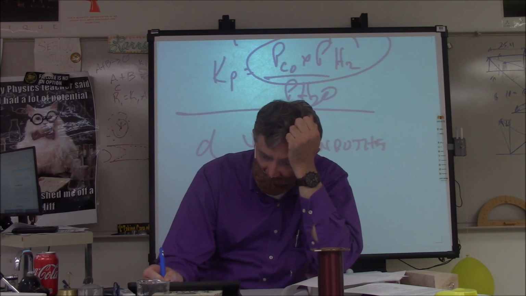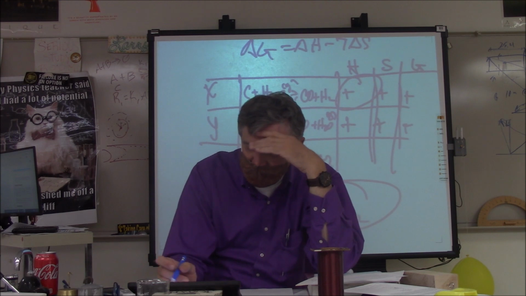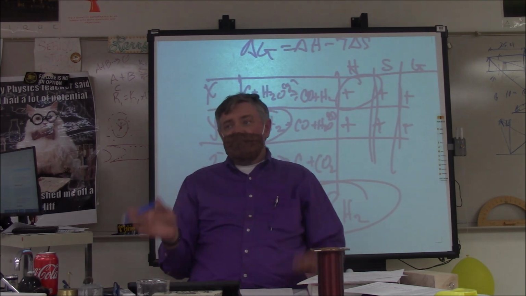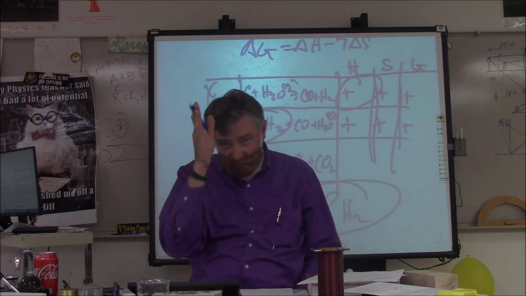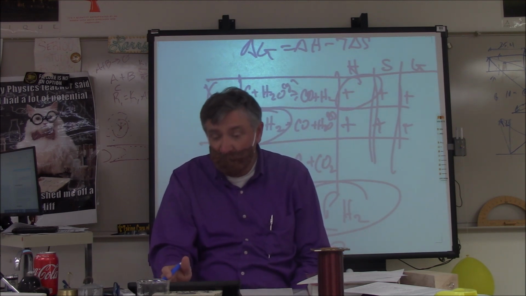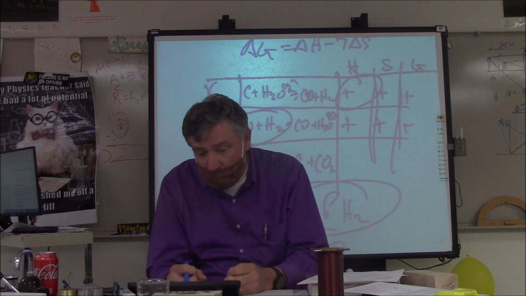If you look at what's happening in this reaction, you've got to break bonds first. So you've got to put energy into the reactant side to break the bonds. And then you're going to release energy once you form new bonds.